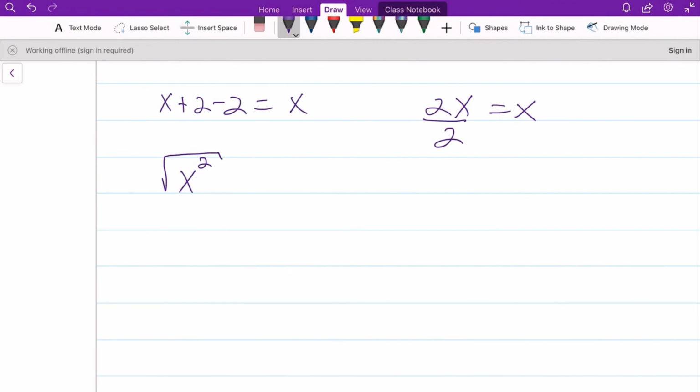So the square root would undo the square. We would wind up with just x. And similarly, if we had the square root of x, if I wanted to undo the square root, we would put the entire radical in parentheses, and we would square it, and we would wind up with just what's under the radical, x.